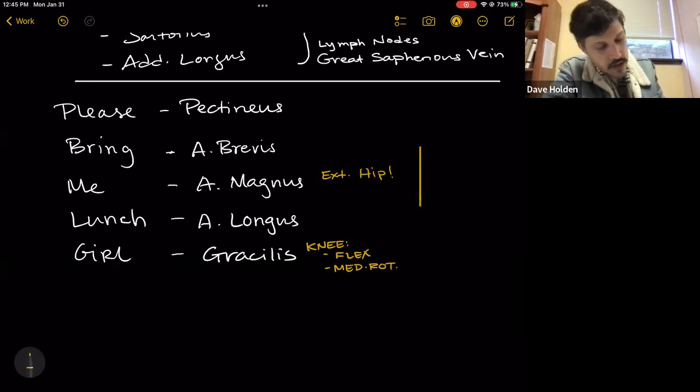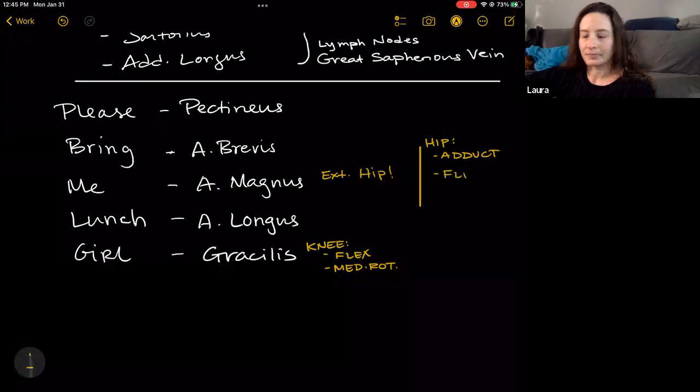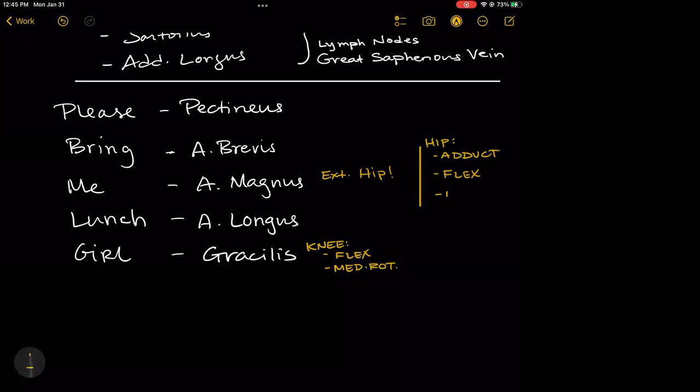So all the other adductor muscles give me the same actions. What actions are those? Adduction. Flex the hip. And medial rotation of the hip.